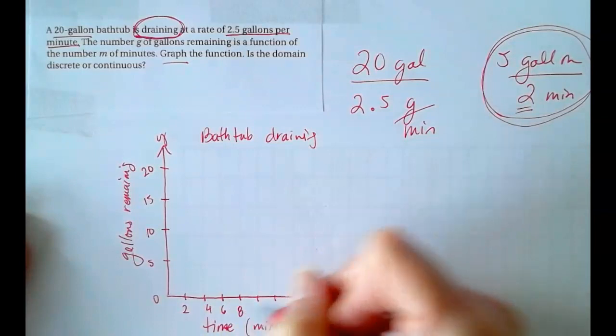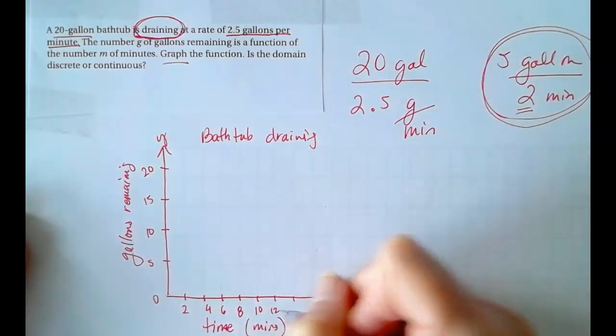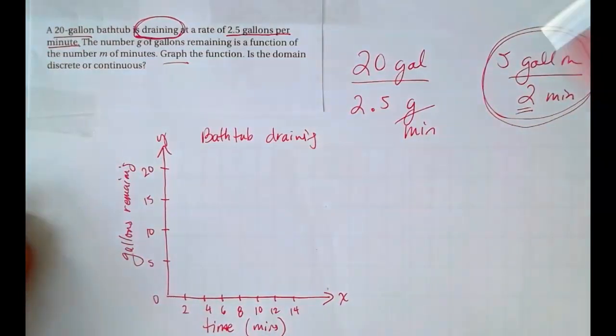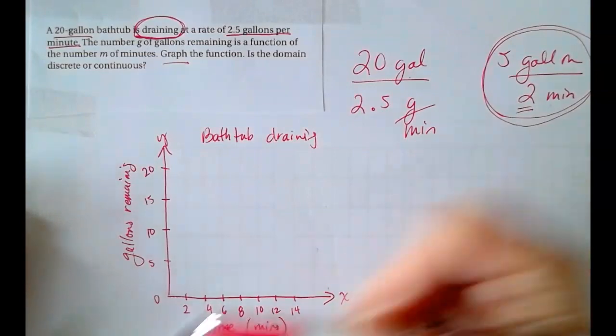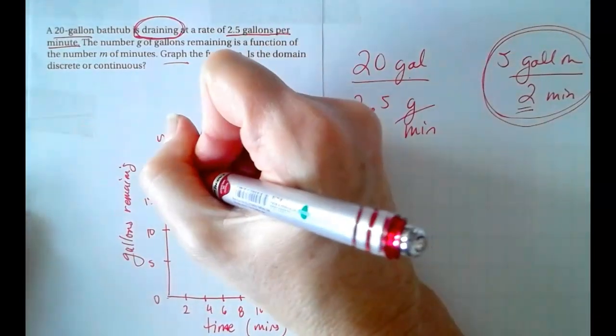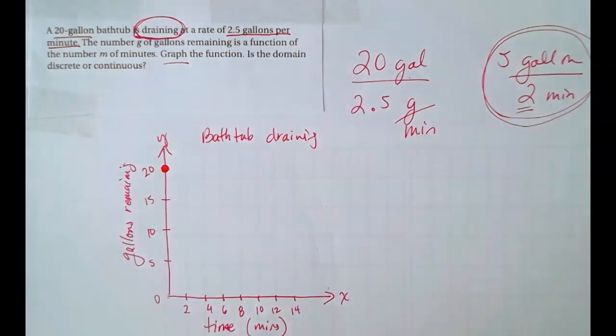So from here, we are going to be able to graph the draining of the bathtub with the 20-gallon bathtub losing 5 gallons every 2 minutes. So where do we start? Well, at 0 minutes, the bathtub has 20 gallons in it. Now, the next thing we need to think about here, is this graph going to be continuous or discrete?